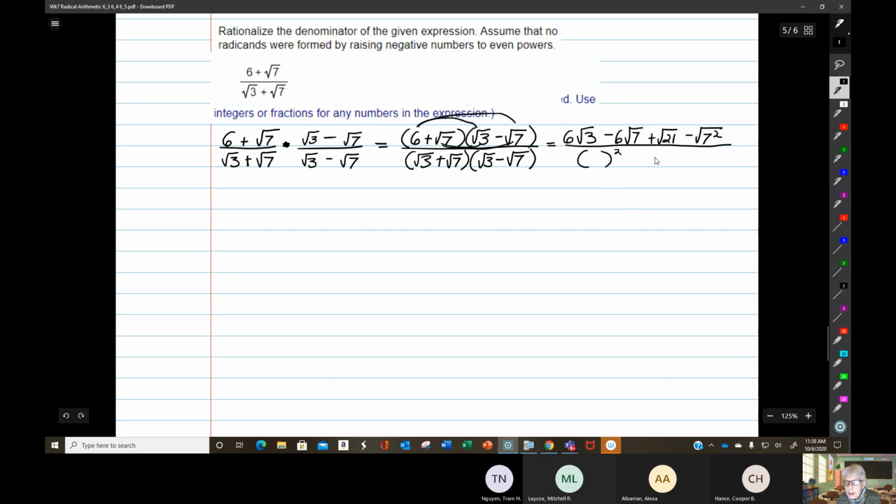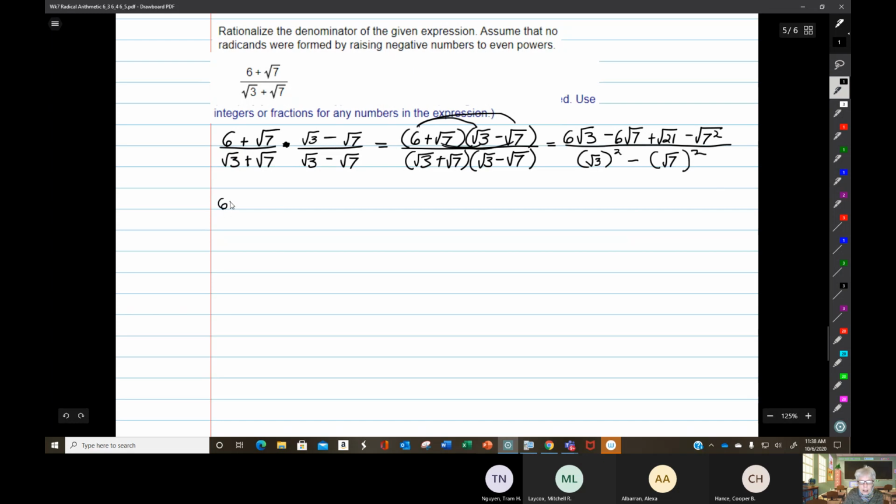Here's the strategy for this when you know for sure you're multiplying conjugates. Put the square root of 3 in there and the square root of 7 in here. Cool, so I'll come over here.